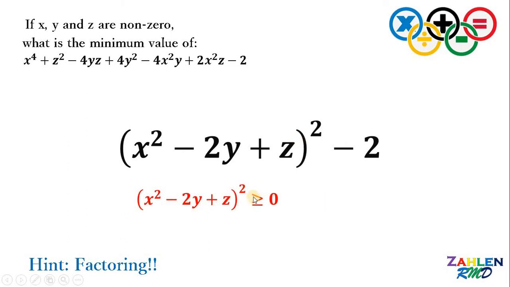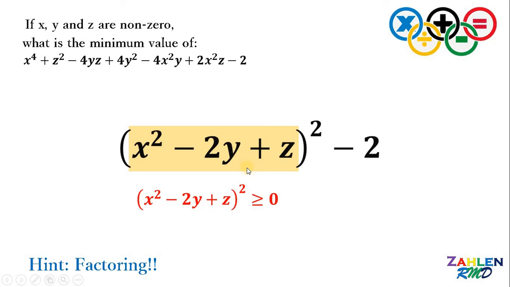Now since we want the minimum value of this expression, therefore this expression inside the parentheses must be equal to 0. For example, x is 1, y is 1, and z is 1. So this expression must be 1 minus 2 plus 1, or simply 0. And 0 raised to 2 will give us 0. So the minimum value of this expression right here is 0.